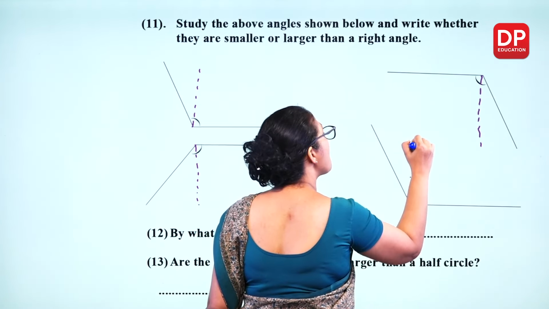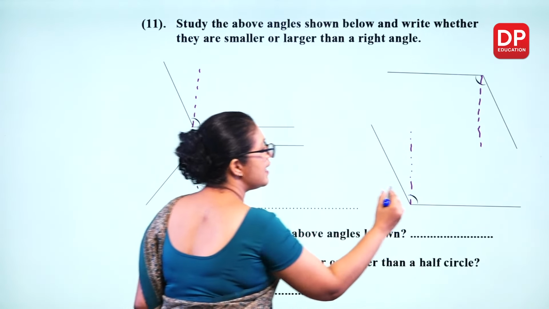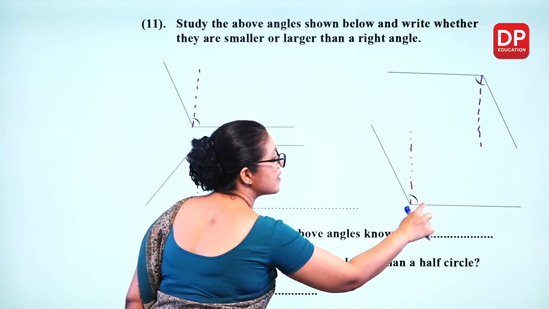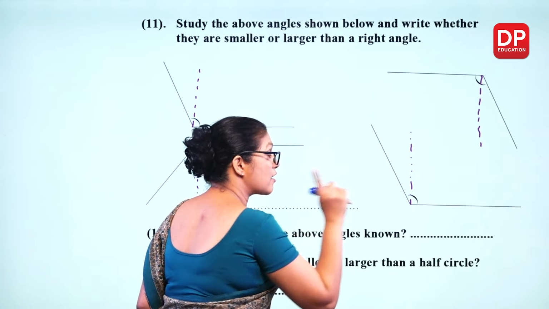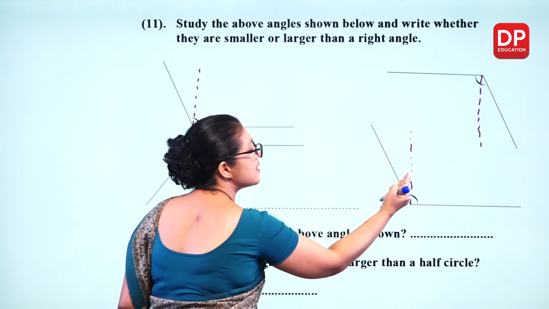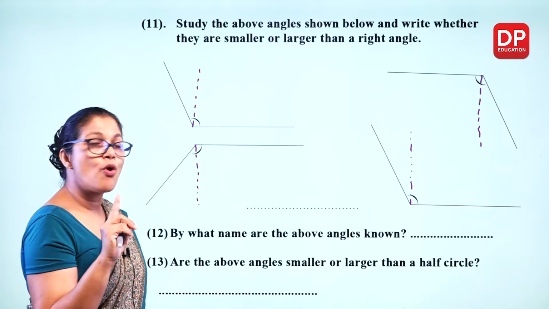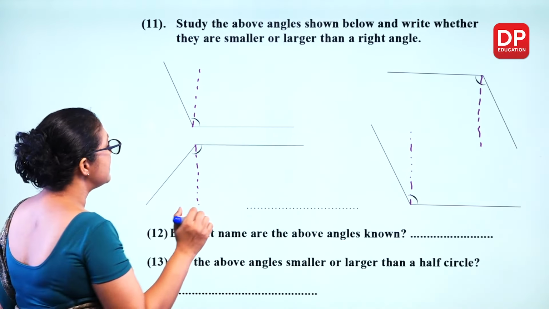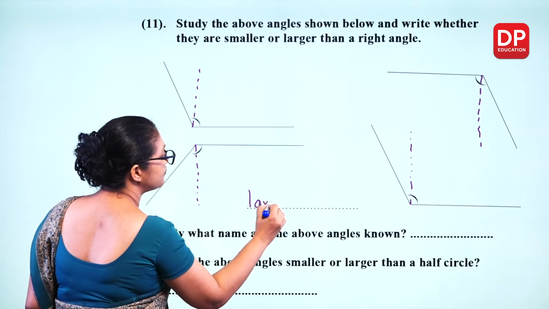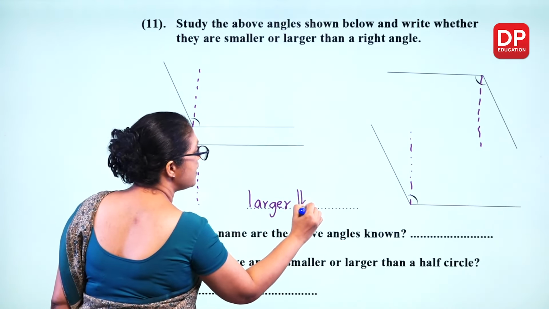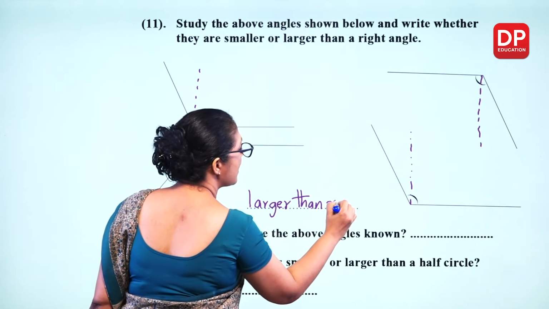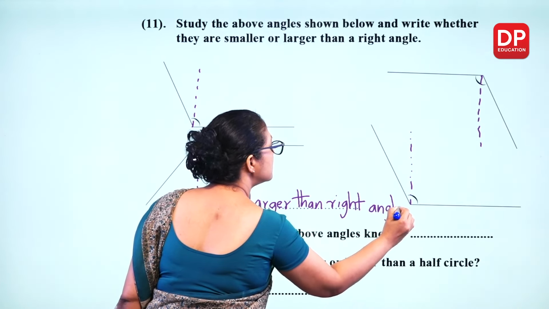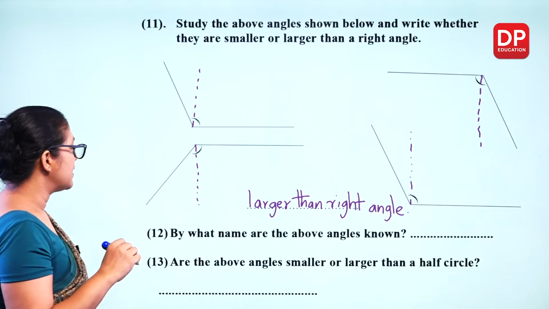And also if I draw a line here, this is 90 degrees. So 90 means the right angle, a quarter of a circle. But now we can see that's more than that. So what can you say about these angles? These are larger than a right angle.